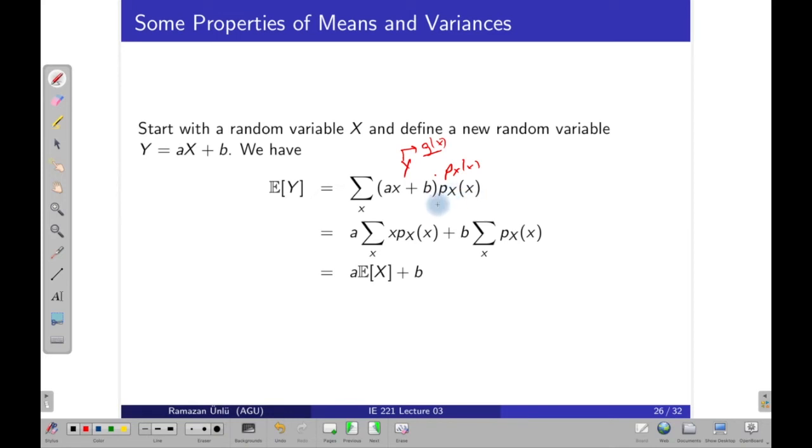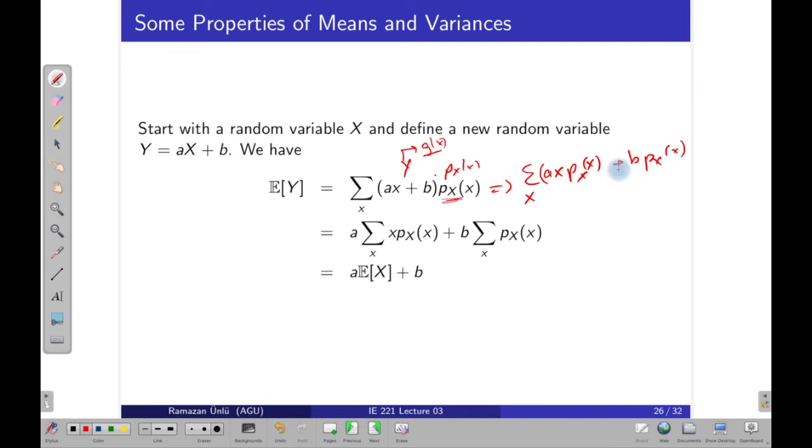So let's distribute this. It will be the sum over x of a times x times the pmf of x, plus b times the pmf of x.